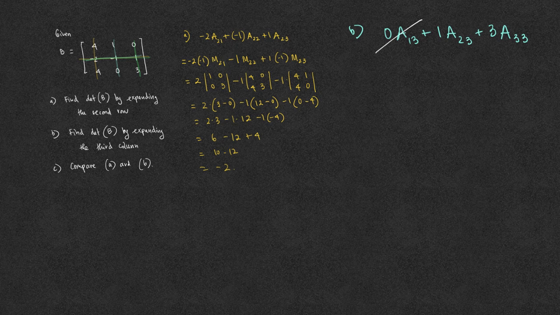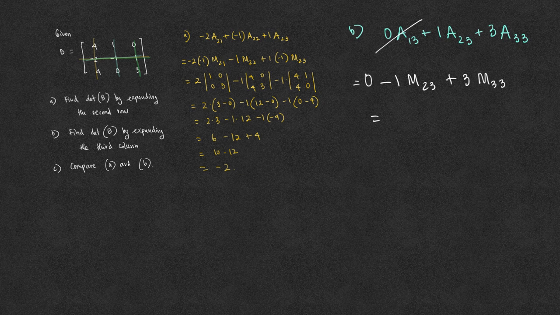The cofactor A23 has a negative sign because 2 plus 3 is odd. So 1 times negative 1 is negative 1 times the minor 23, plus 3 times the minor 33. We know that the cofactor A33 is positive because 3 plus 3 is an even number. And remember that the first term is 0.